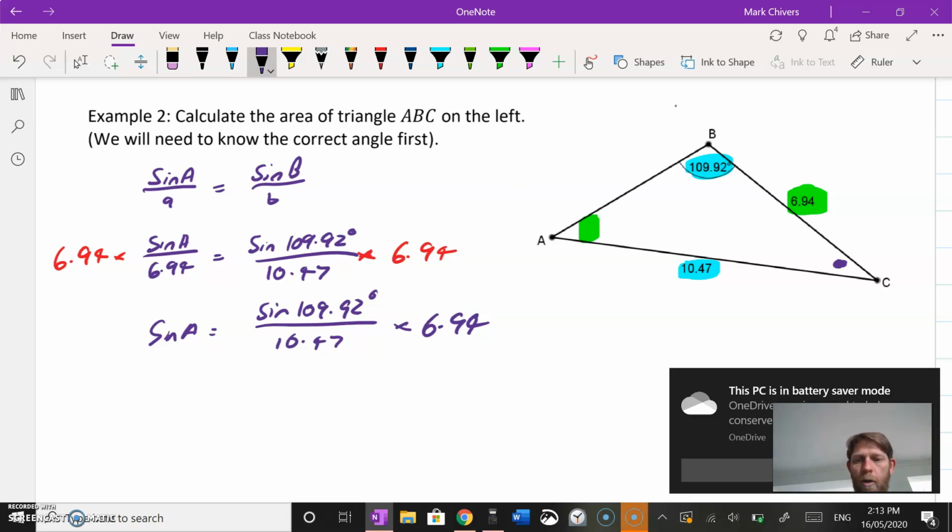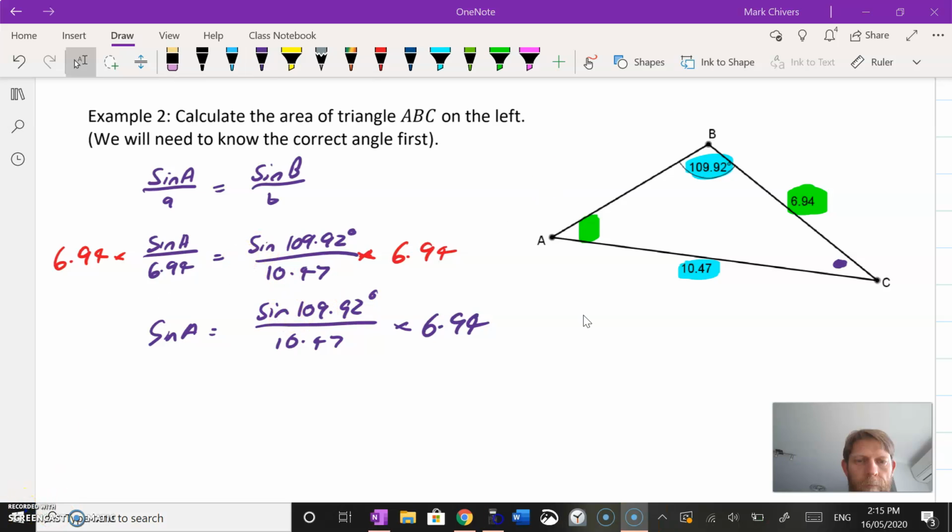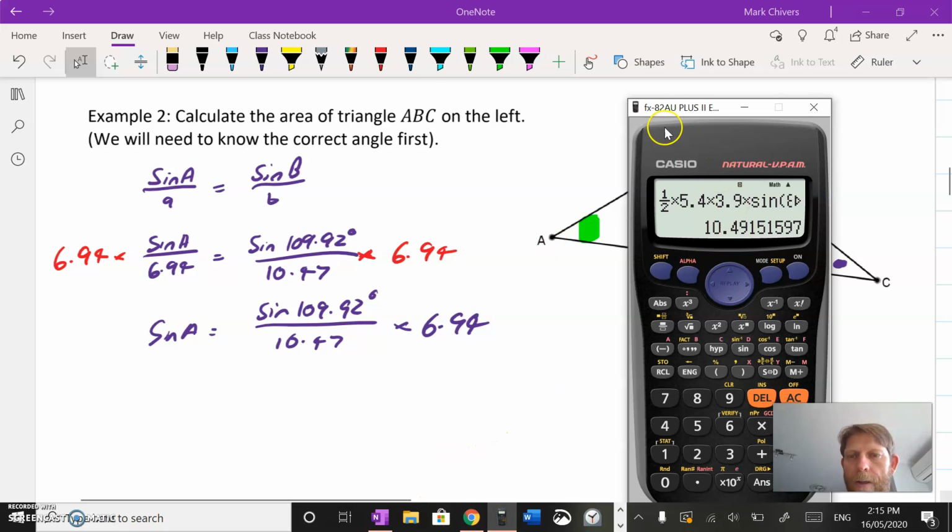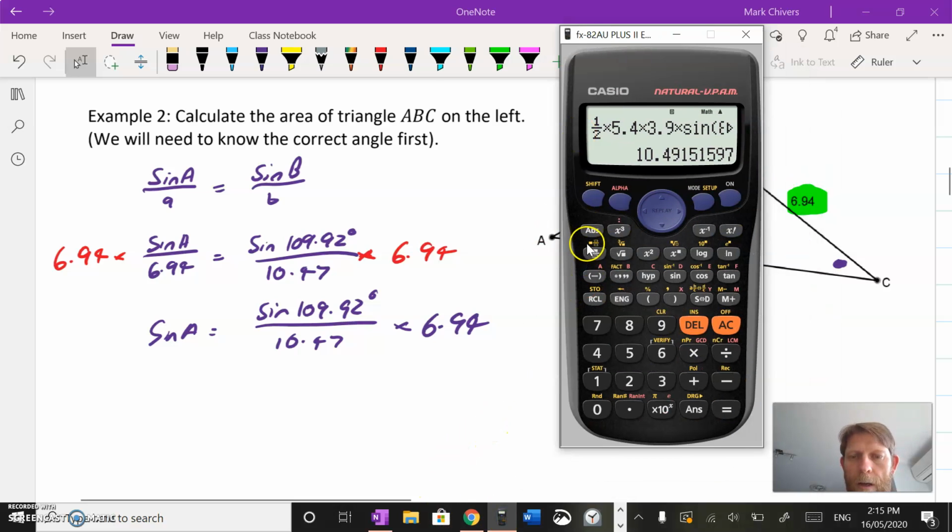Okay, so we've worked that out. We'll pop that into our calculator. We've got a fraction with sine of 109.92 degrees over 10.47, and we're going to multiply that by 6.94.